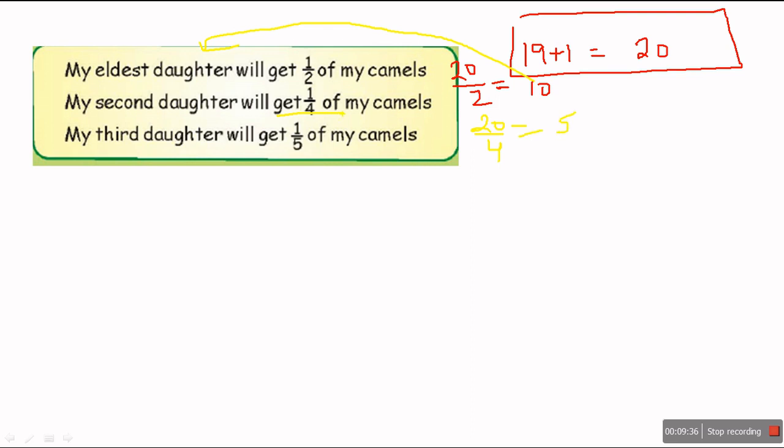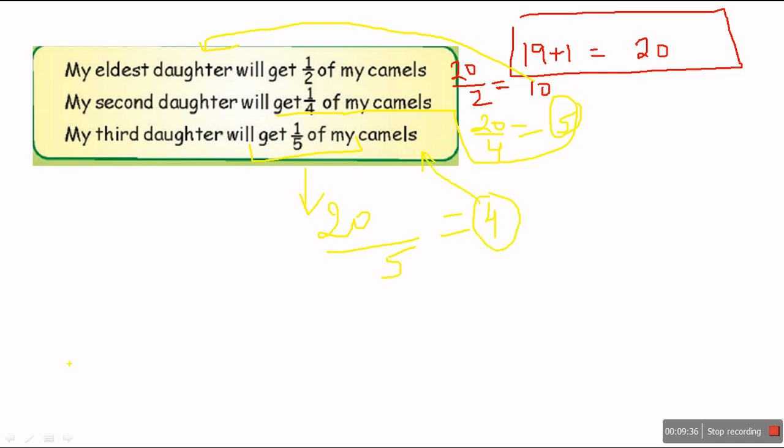So the second daughter will get 5 camels. And the third daughter will get 1/5 of the camels, that is 20 divided by 5. 5 fours are 20. So the third daughter will get 4 camels.